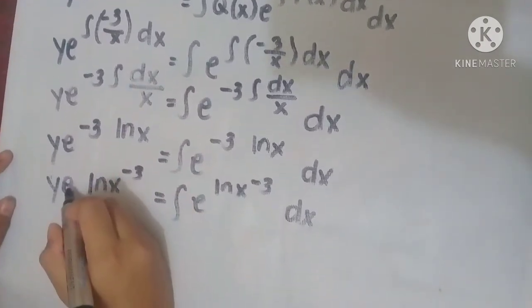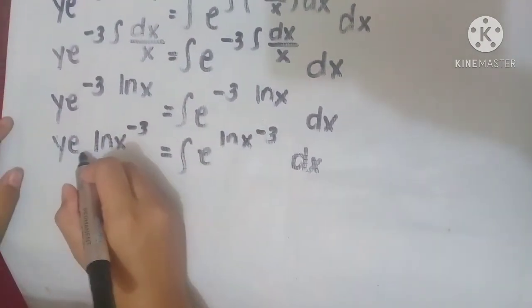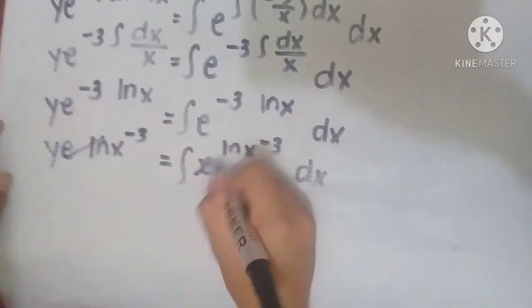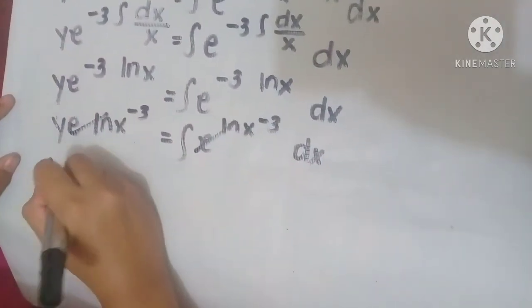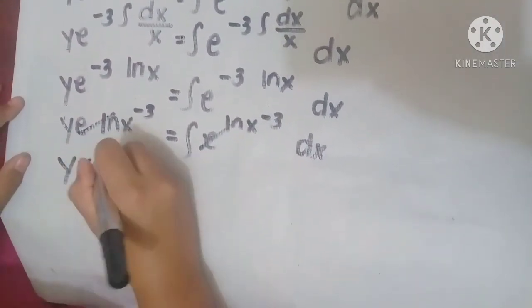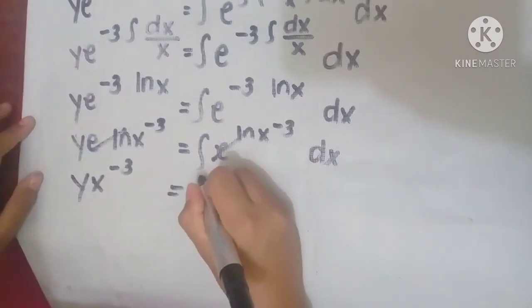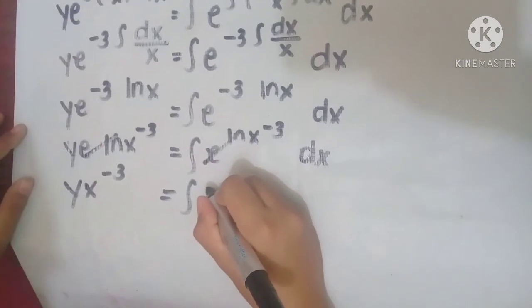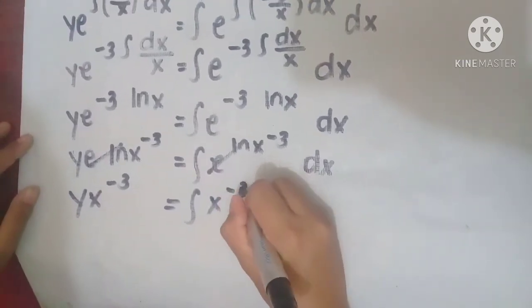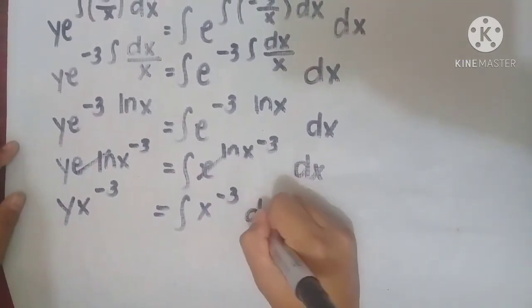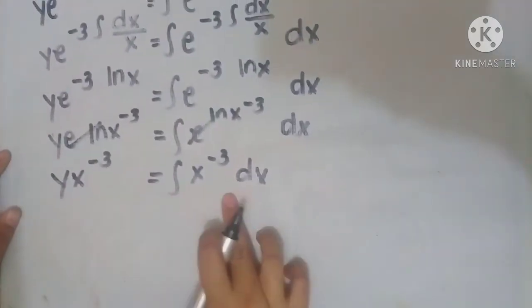So e raised to the power of ln will cancel. We are now left with y x raised to the power of negative 3 equals the integral of x to the negative 3 dx. So we will integrate this one.